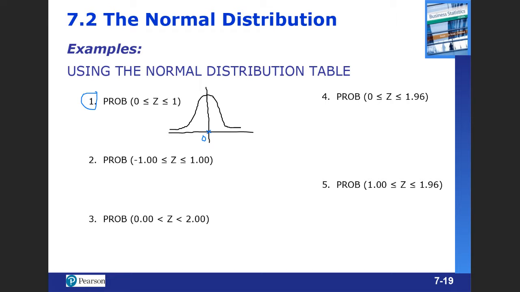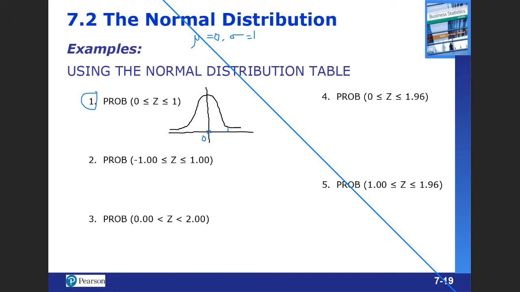Okay, so mean, let me write it on the top here. The mean is always 0, and sigma is always equal to 1. Okay, so the next thing is marking the value 1.